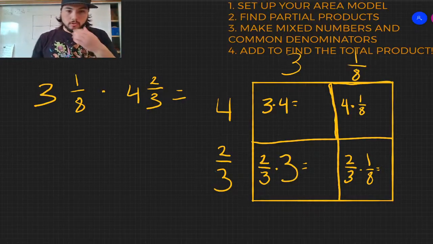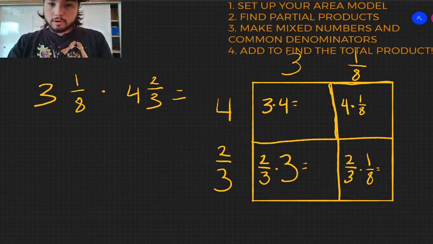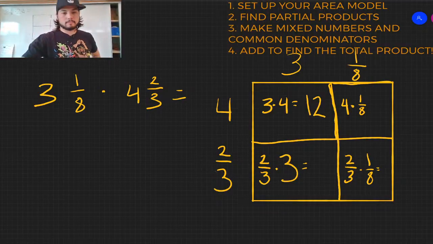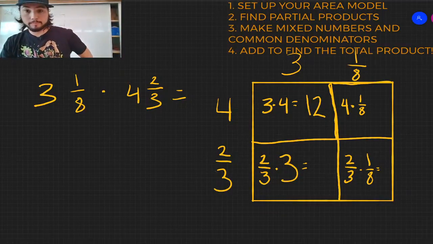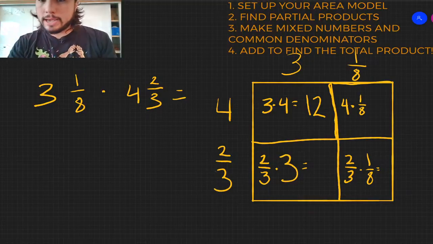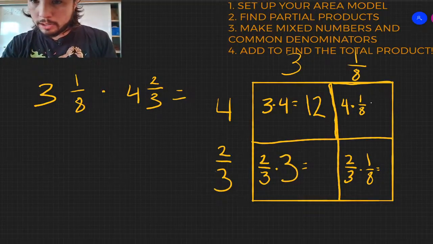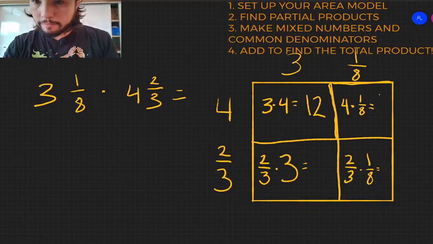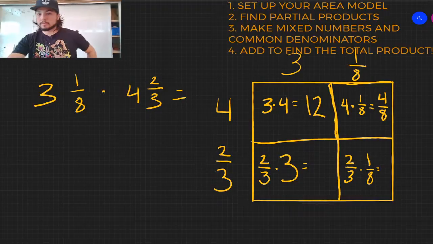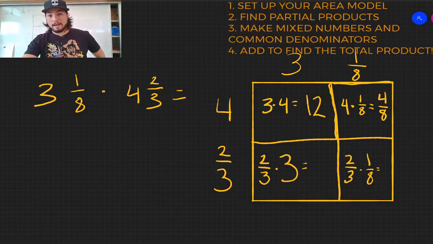All right, let's start with our whole numbers. 3 times 4, 12. 4 groups of 3 or 3 groups of 4. 4 times 1/8, right? 1/8 plus 1/8 plus 1/8 plus 1/8. 4/8. And somebody said in the chat that does reduce to 1/2, right? 4 out of my 8 pieces means I'm halfway there.